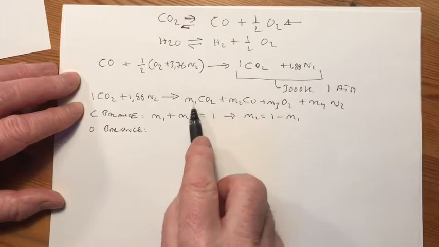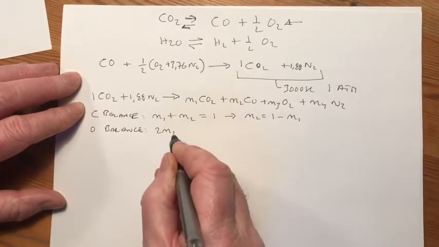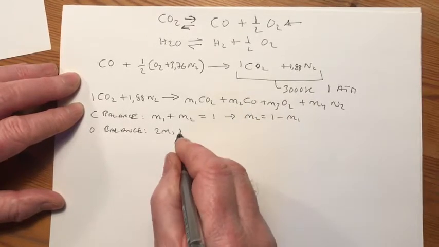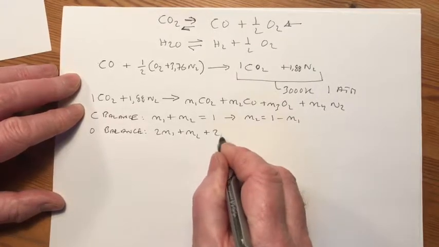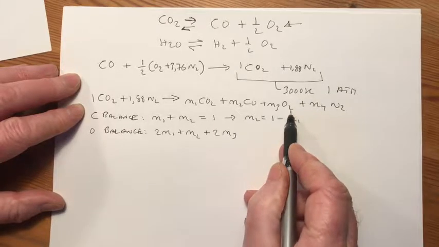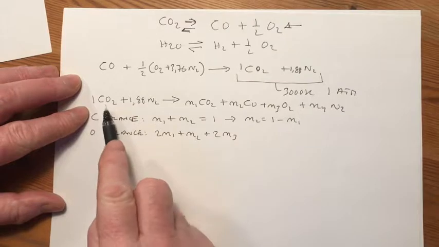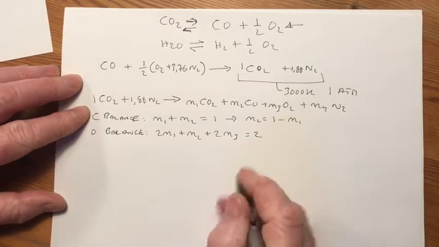Now we do an oxygen balance. The oxygen balance simply says we have 2 times N1 plus 1 times N2 plus 2 times N3, and that is equal to the number of oxygens we have on the left hand side, which is simply equal to 2.